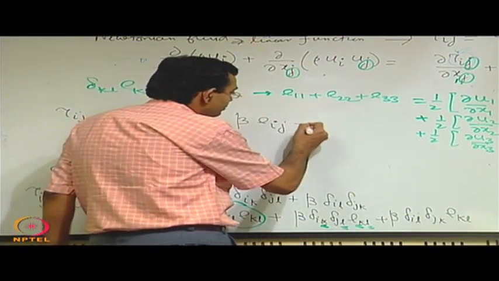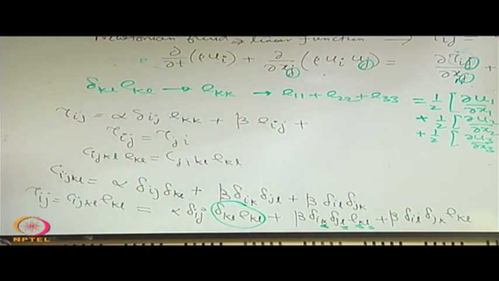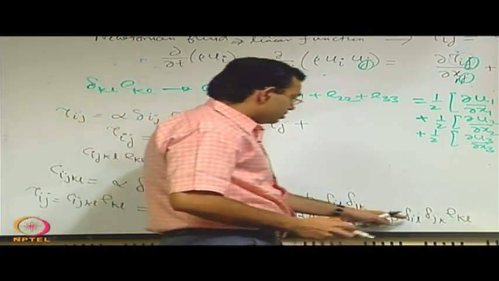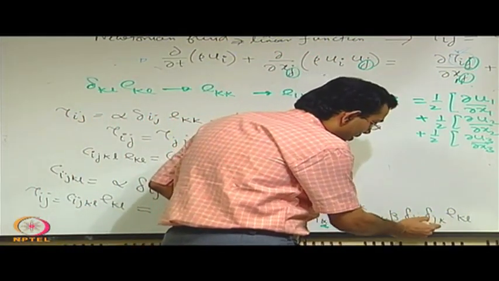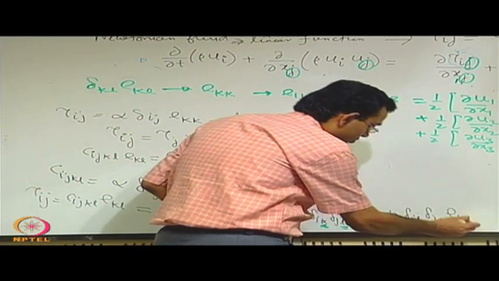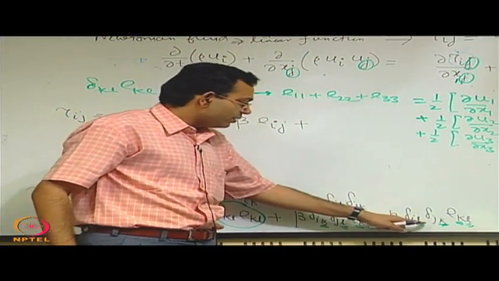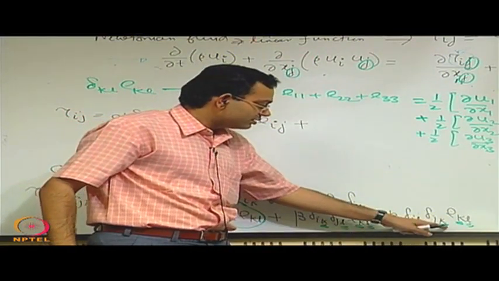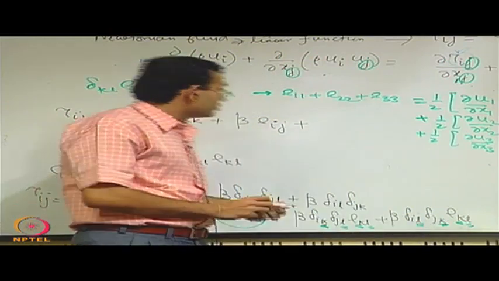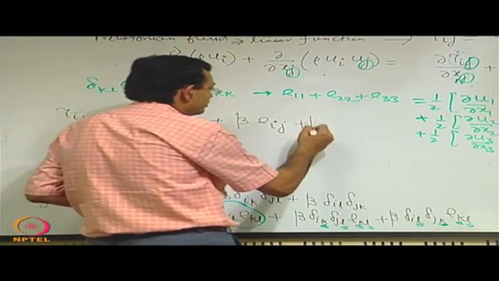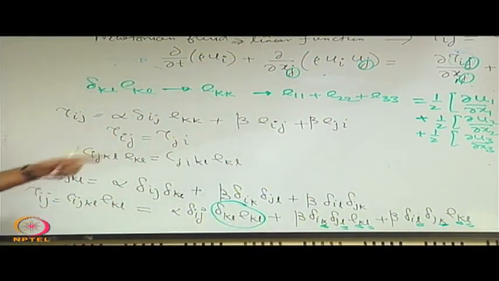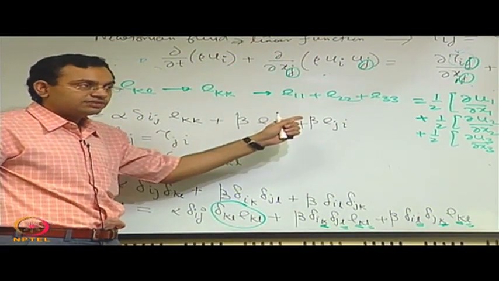The next term, you have here again you see what are the repeated things, you have k and you have l. So again when l equal to i and k equal to j, so plus beta Eji, and the rate of deformation is a symmetric tensor, we have already seen.